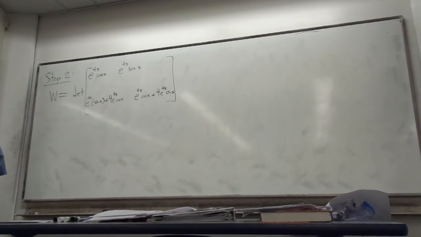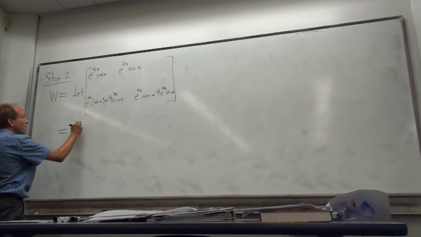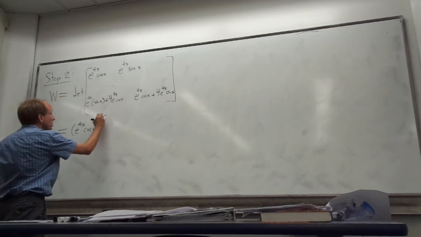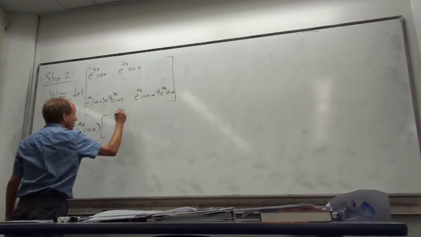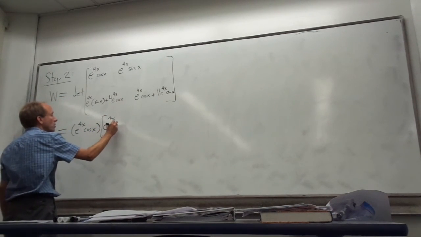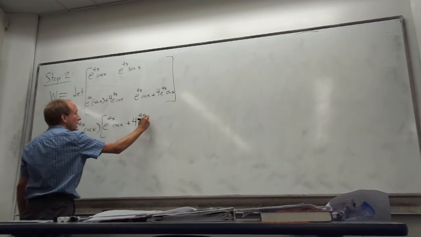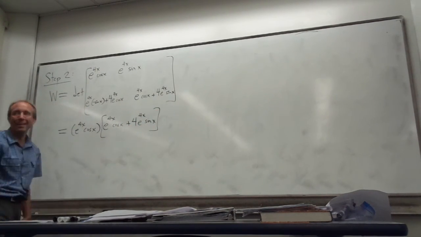Make sense so far? It's just a 2 by 2, so I just need to do my basic formula for the determinant here. Let me try and write it out. e to the 4x cosine x, that's the upper left corner, times the bottom right corner, so that's e to the 4x cosine x plus 4e to the 4x sine x. I'm going to have all of that right there.